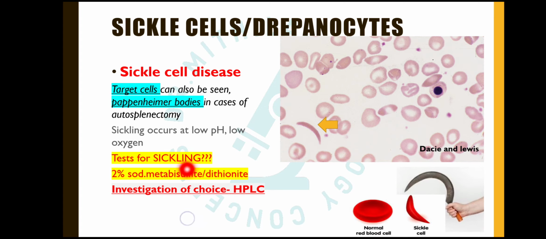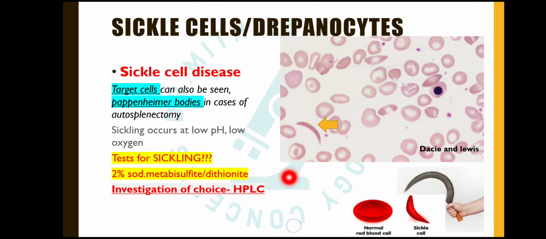Now what are the tests for sickling? In the test for sickling, we use chemicals like 2% sodium metabisulfite or dithionite. Now this is important for MCQs, and also sometimes it is asked in viva. So we take a slide, then we put a drop of blood on it, we mix it with this chemical, 2% sodium metabisulfite, then we cover it with a cover slip.